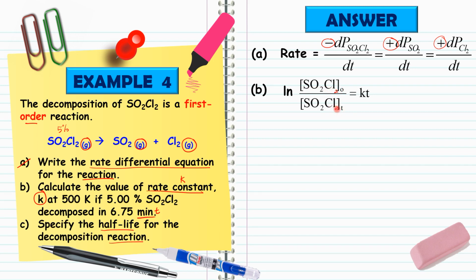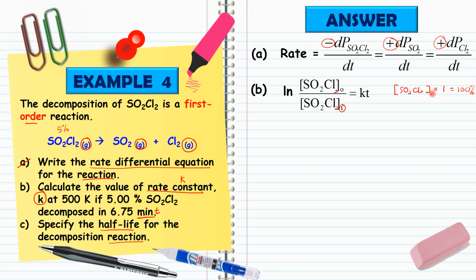We have to find out the concentration of SO2Cl2 at time t. It's very simple. Let us consider the initial concentration to be a ratio of 1, or you can also define it as 100.